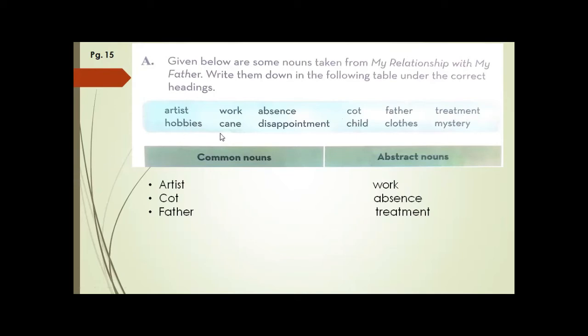So hobbies and pain. Hobbies are an abstract noun and pain a common noun. Disappointment and child. Disappointment is an abstract noun and child a common noun. Clothes and mystery. Clothes are a common noun and mystery an abstract noun.